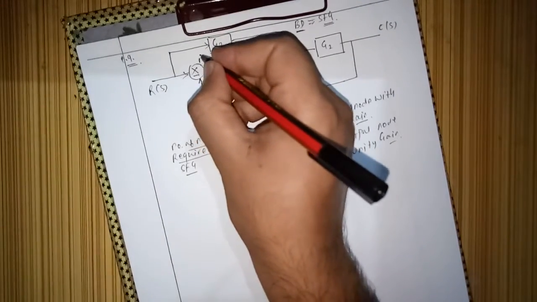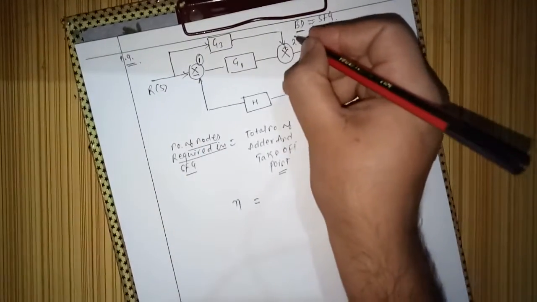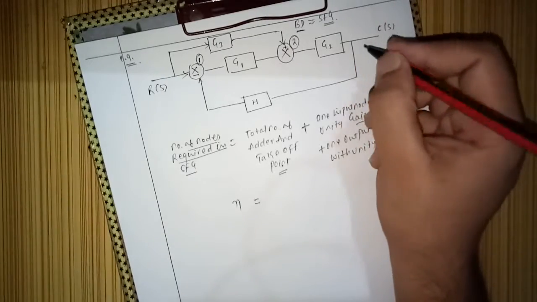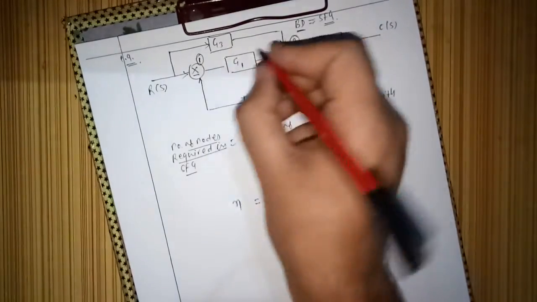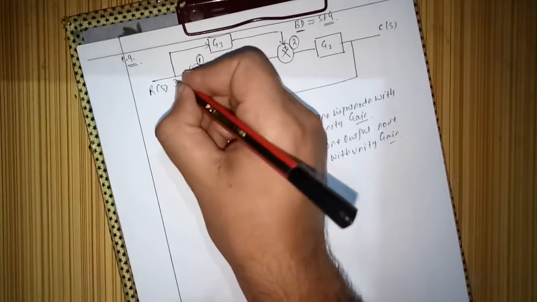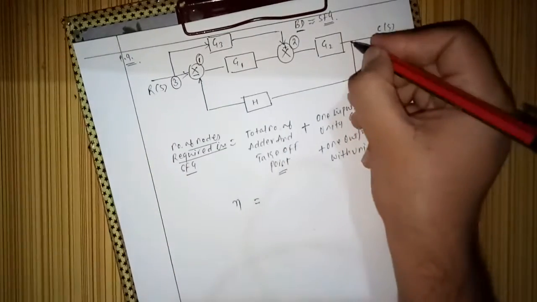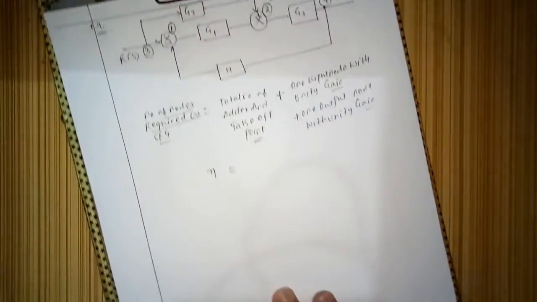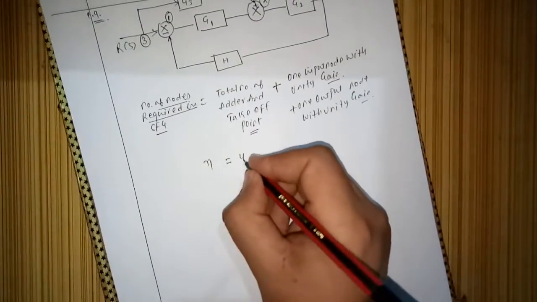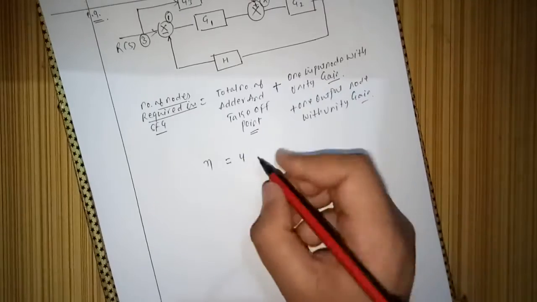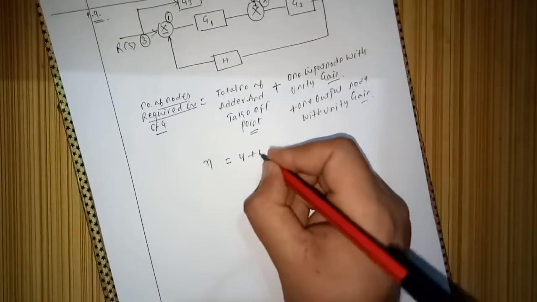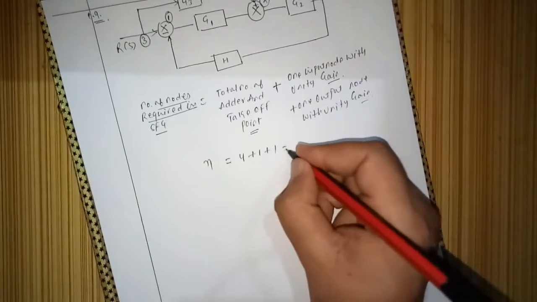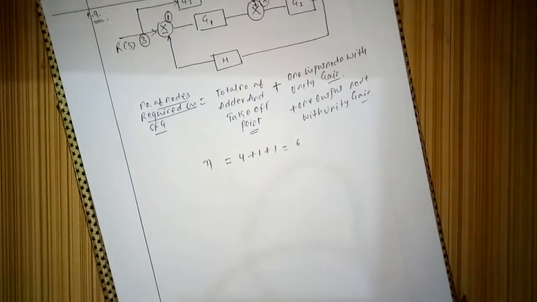One adder and second adder, and here it is, this also a takeoff point, third one, and here it is fourth. Right, so we have four adders and takeoff points plus one input node for this and plus one output node for this. Total number of 6 nodes I require.